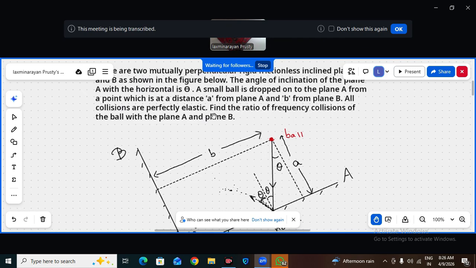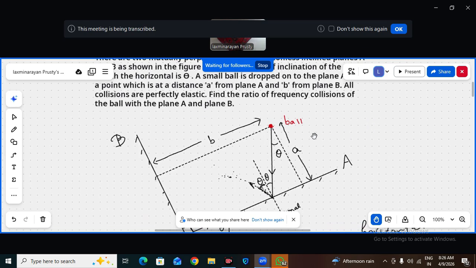All collisions between the ball and the planes are perfectly elastic.